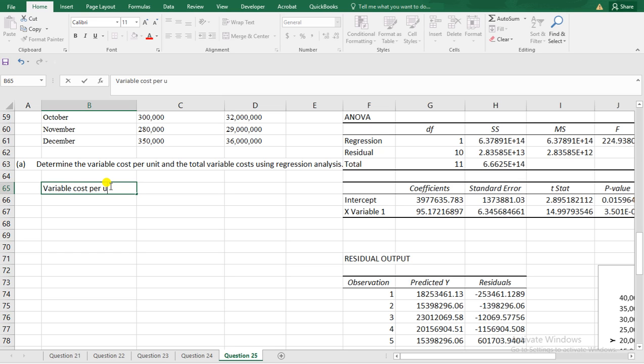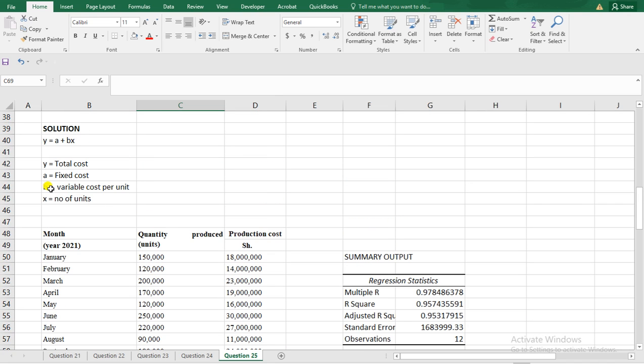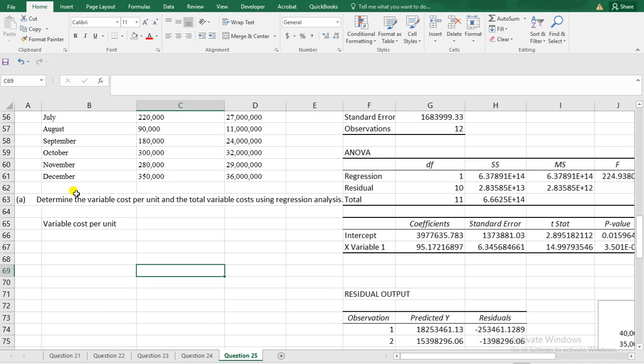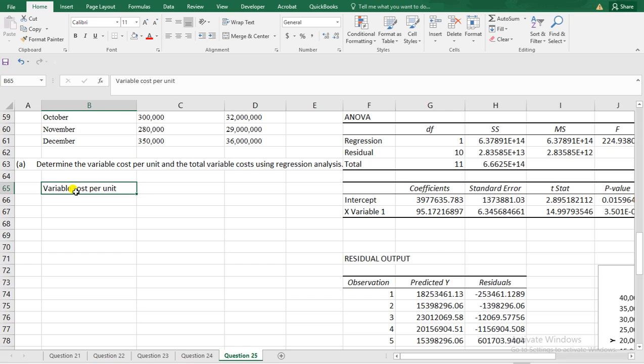I know you'd be like, now Mwalimu, on this data, where is our variable cost per unit? Our variable cost per unit is always the slope, right? Because this is B. Recall what we said here. Recall, B is the variable cost per unit, right? So this is our B, variable cost per unit.